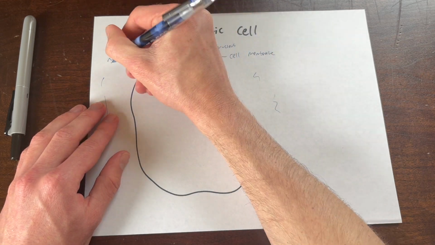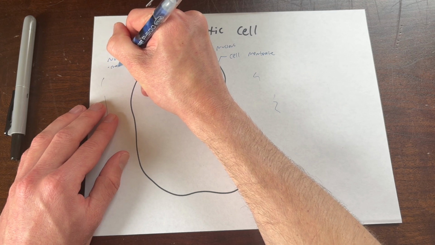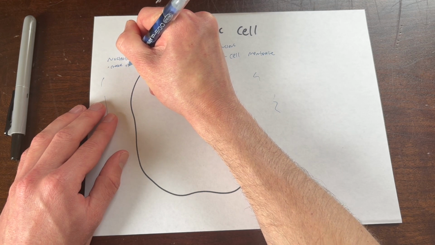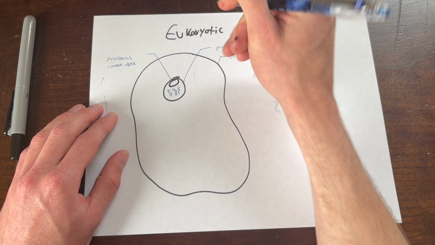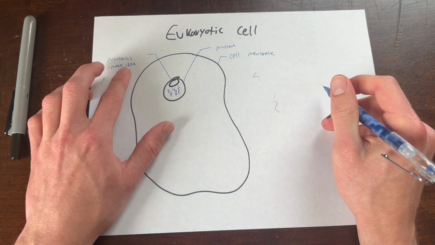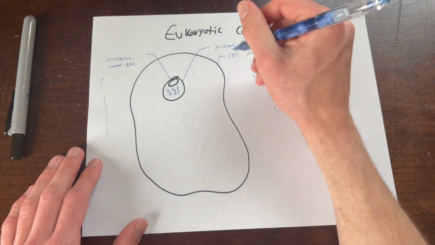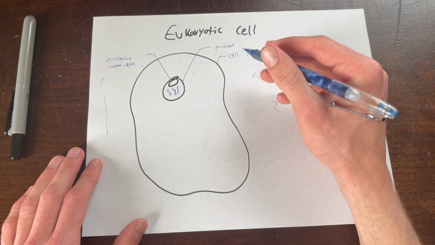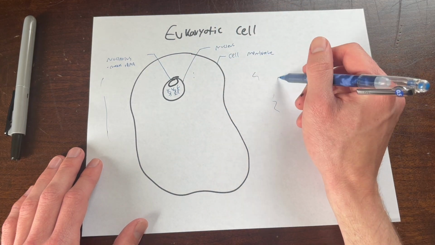All you need to know is that it makes ribosomal RNA. It's okay if you don't know what that means. You just need to remember that. So the nucleus contains DNA. The cell membrane separates the outside from the inside.